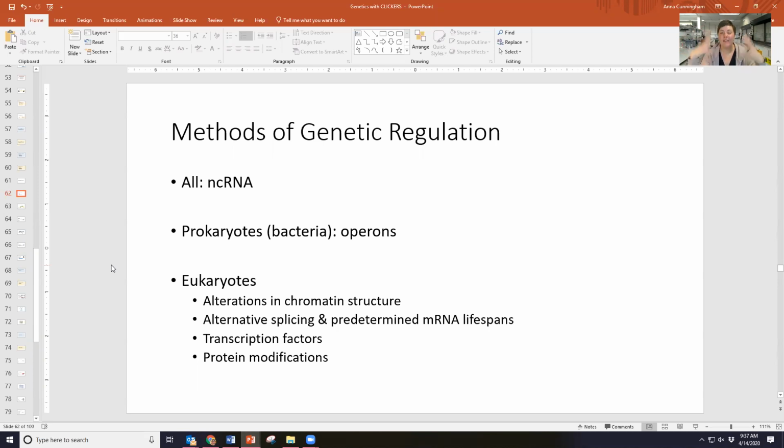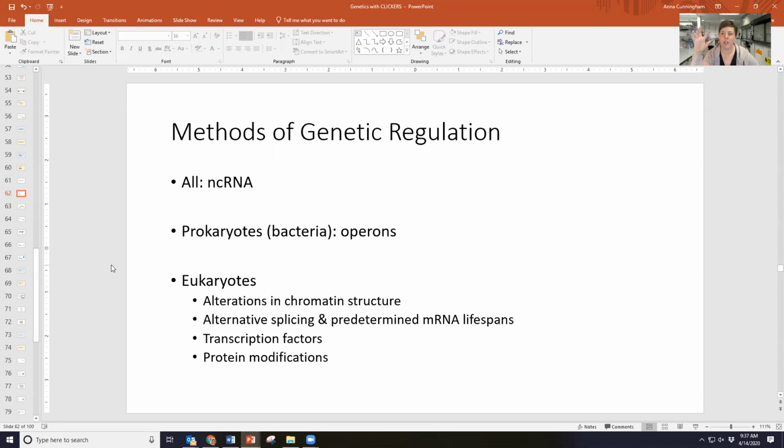So as eukaryotes are more complex, their environments are also more complex. So they have to have a lot more ways to turn on and off their genes or regulate their bodies, regulate transcription and translation basically. So you can see here under eukaryotes, we have a lot of different ways of regulating gene expression. We're going to go through these, but we can change DNA structure.